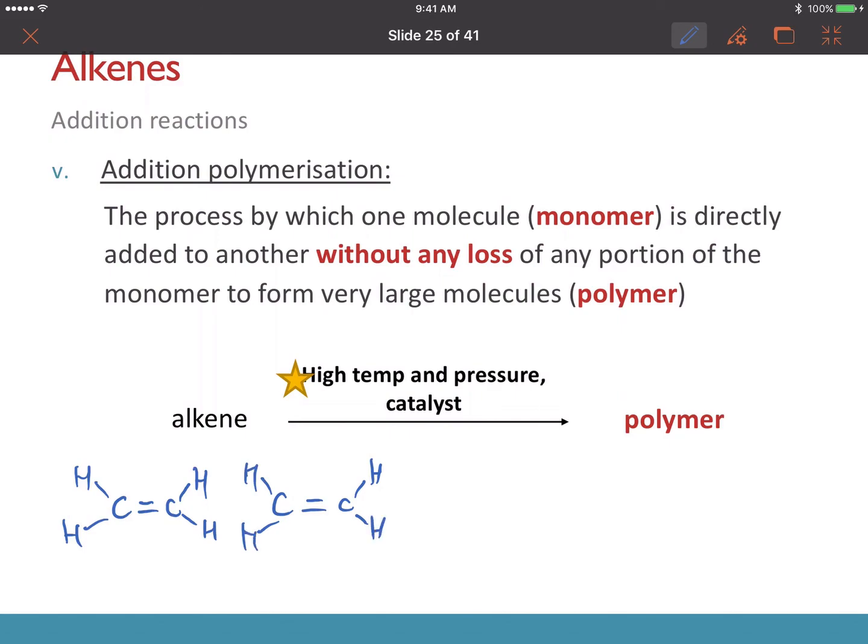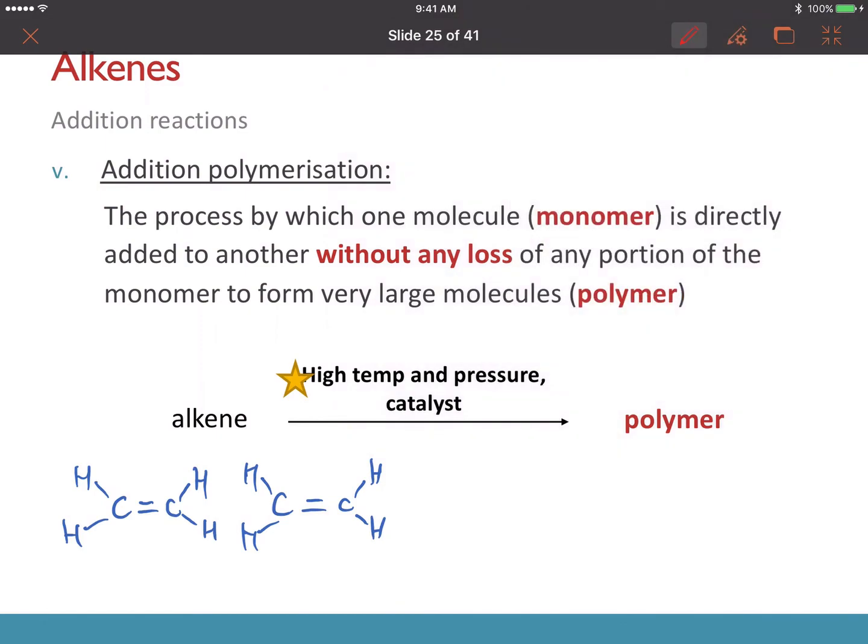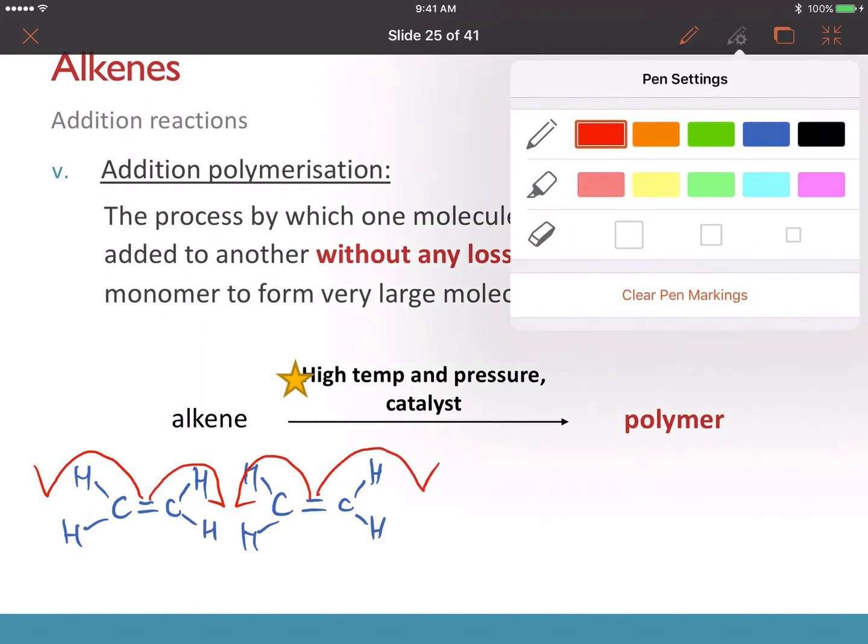What will happen is, note that they have this electron density here, right? So one electron can come here, one electron can go there to form a bond between the two of them. Then this other electron can donate to another molecule that's next to it.